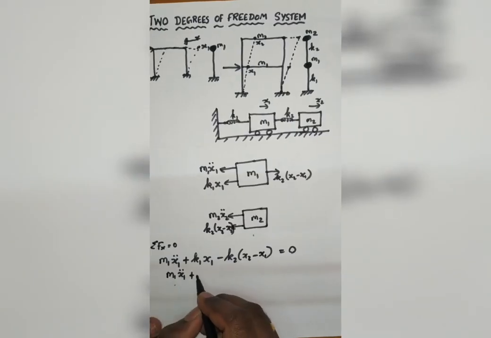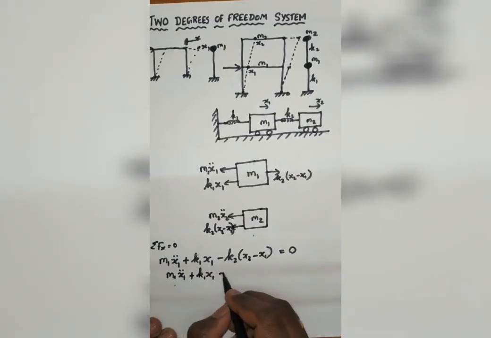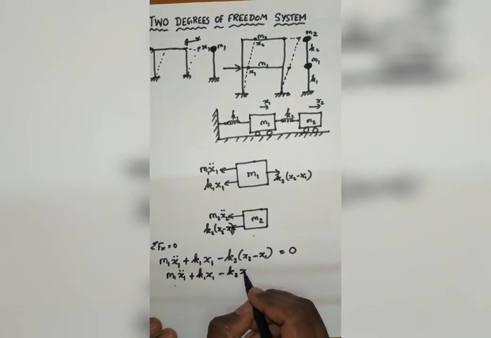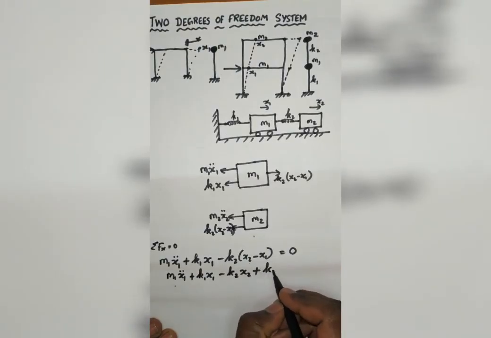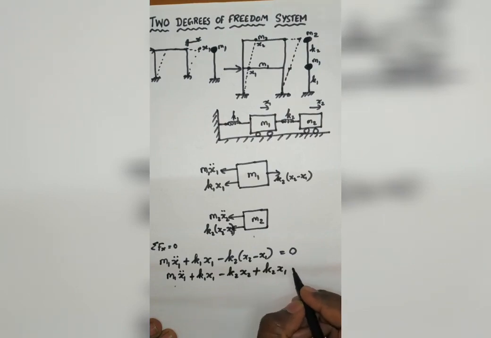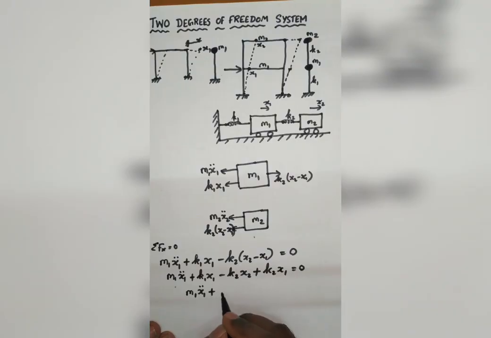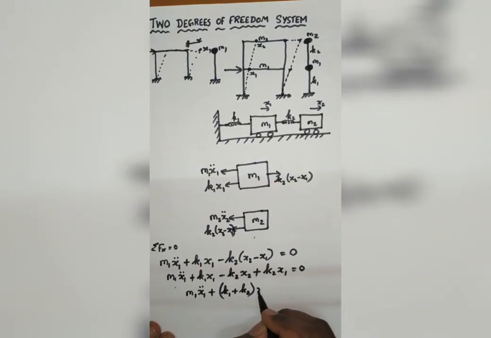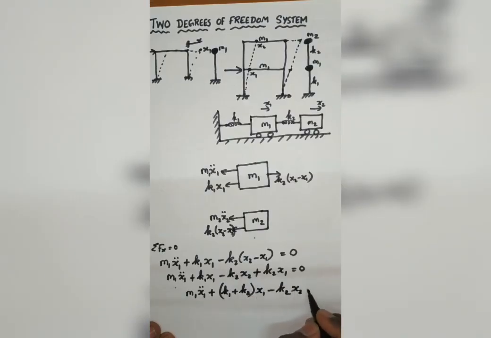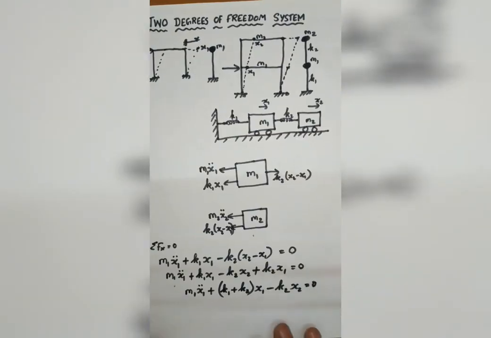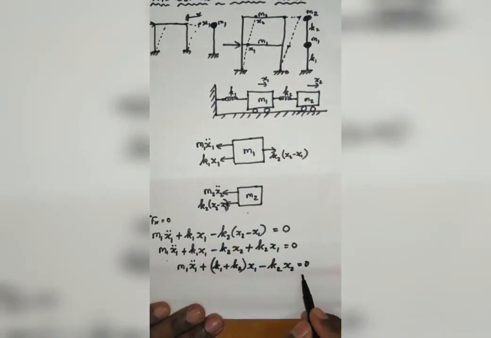M1 x1 double dot plus K1 x1 minus K2 x2 plus K2 x1 equal to 0. I'm going to take x1 common. So M1 x1 double dot plus K1 plus K2 times x1 minus K2 x2 equal to 0. Okay, this will be the equation of motion for the first mass.